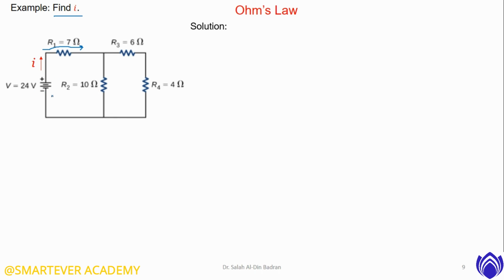We can say in series, not only for resistors, and in parallel, not only for resistors, because this is a principle of connection. R1 and this voltage source are each connected by one terminal. This is the first terminal of R1, and this is the first terminal of the voltage source.